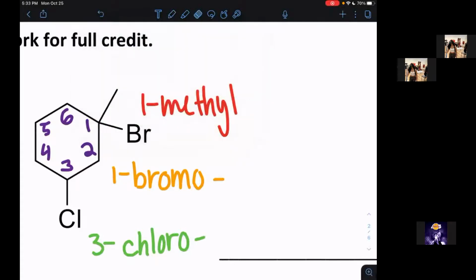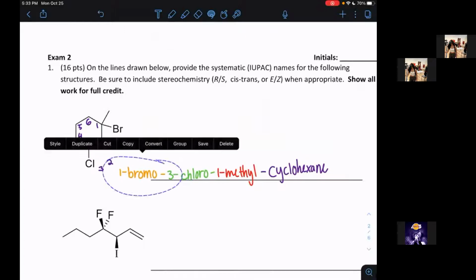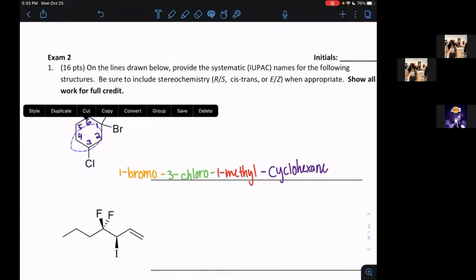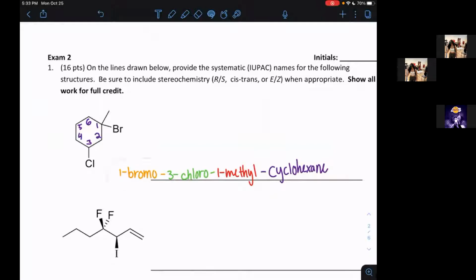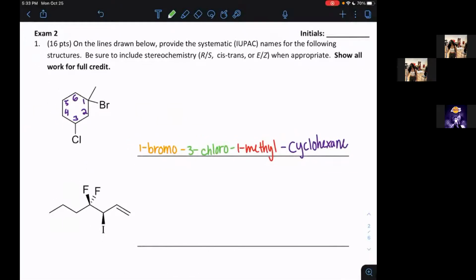So I'll put methyl in the back, and then this one before this one, and 1 bromo. Does everyone think I did that right? I'm pretty sure. Yes. These are my favorite problems. So that's that one.